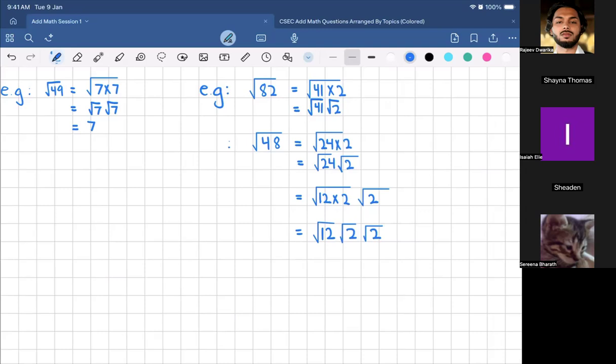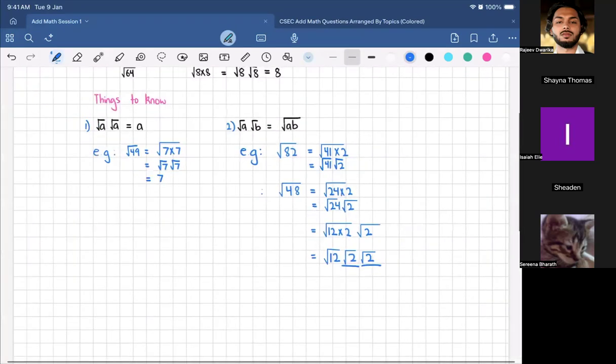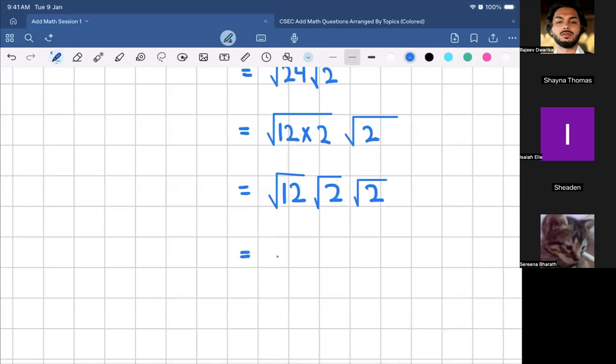Now check this out. We have root 2 by root 2. According to this rule over here, what would root 2 by root 2 give us? 2. Yes, it would give us 2. Excellent observation. And so this would now simplify to 2 root 12.